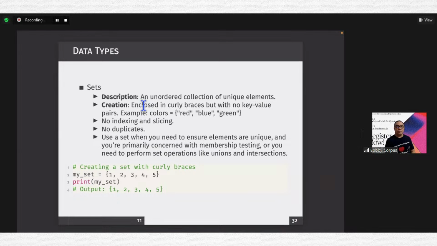And bawal yung duplicate. So it's very useful kapag gusto mong tingnan if a certain object is part of a set, no? So if you want to see if member ba siya ng set na yan, and then you can also do set operations like intersections, unions.